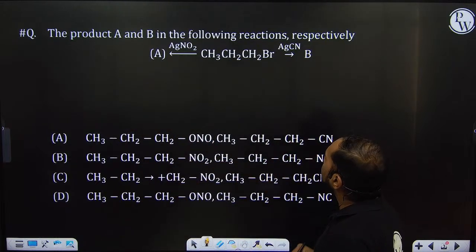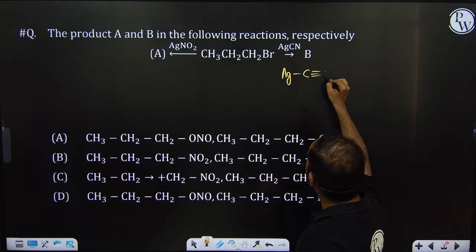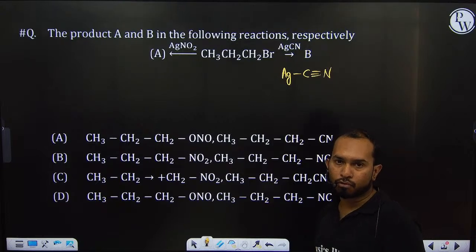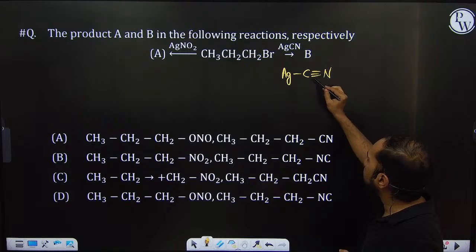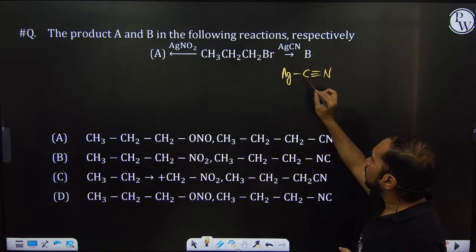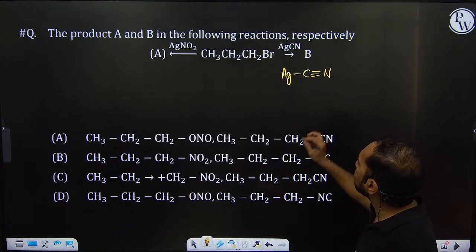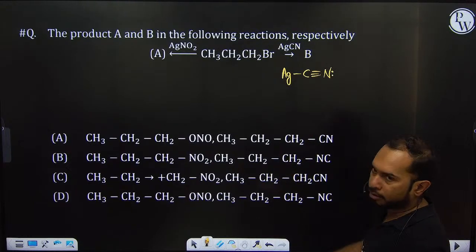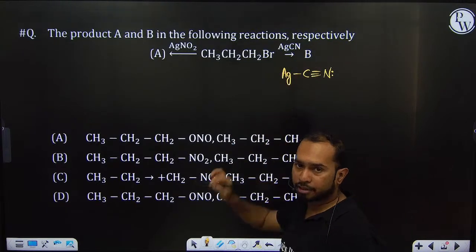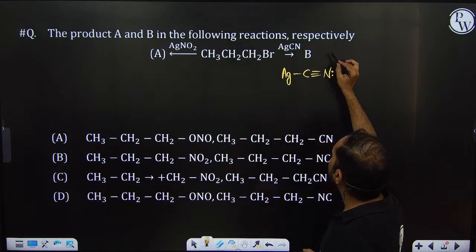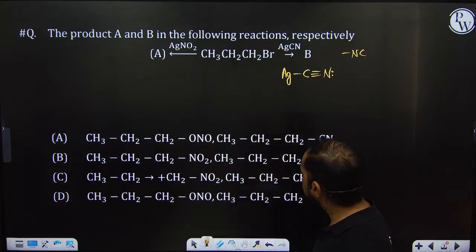So we know that with AgCN, there is a covalent bond. But over here, AgCN has more covalent character. Here the donor, which atom will be attacked? Over here, the isocyanide will be formed. Get the option. Which option?